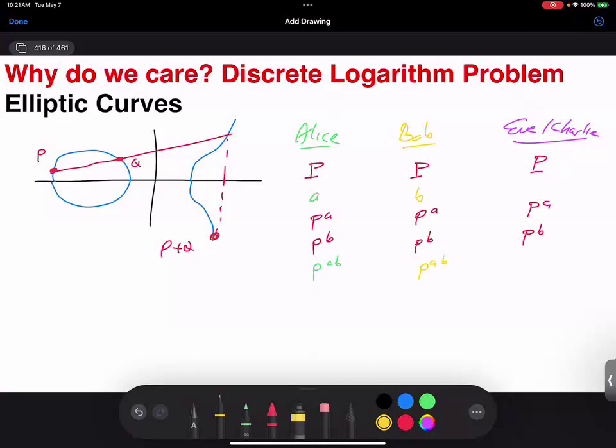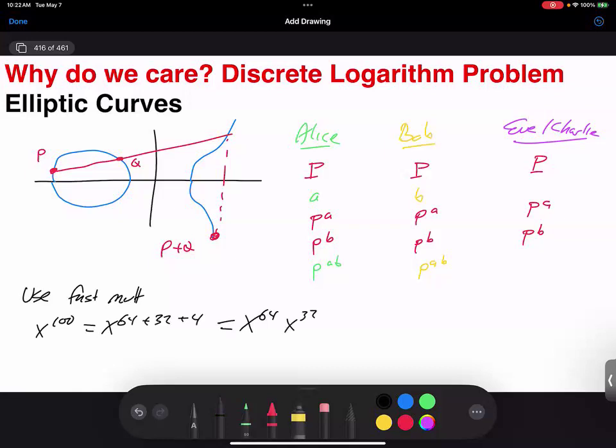And again, it's worth noting that we've got to be a little bit careful when we're doing this, that we use fast multiplication. For example, x to the 100 is x to the 64 plus 32 plus 4. We did this earlier in the semester. This was the binary expansion of the exponent. And so this is now the same as x to the 64 times x to the 32 times x to the 4. We can do this quickly.